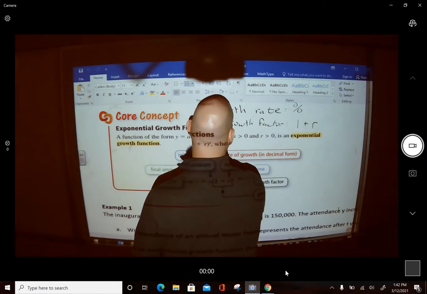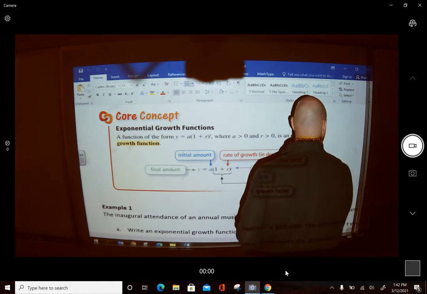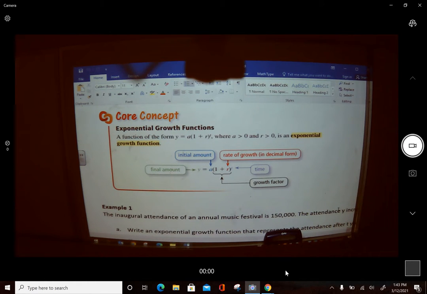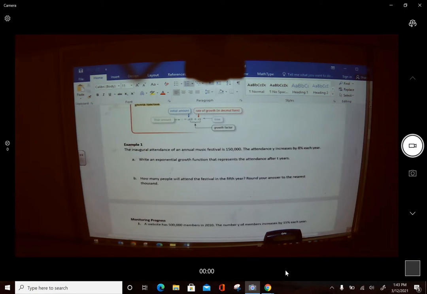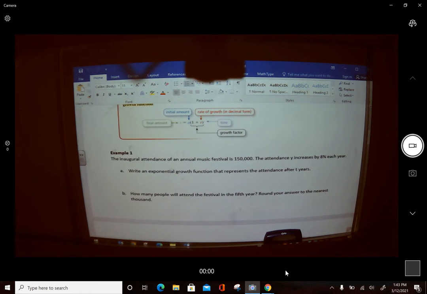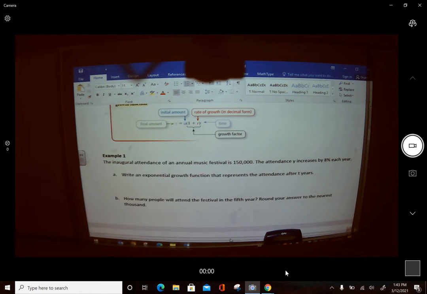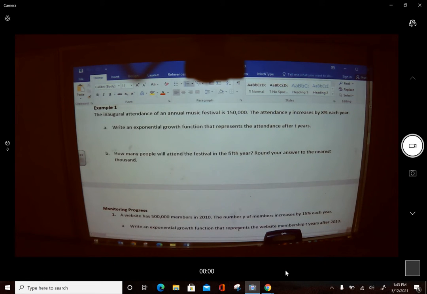So now let's just apply it in an equation. So your first example, let me shrink this down a little bit. You should have your notes, so you should be able to see this at home just fine. So the inaugural attendance at an annual music festival was 150,000 people.